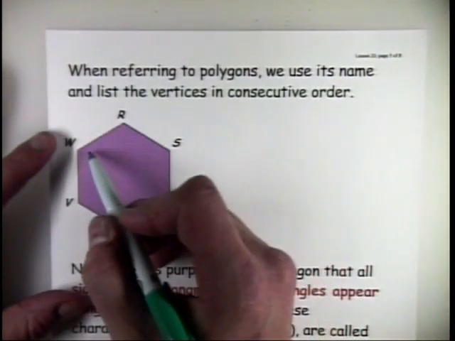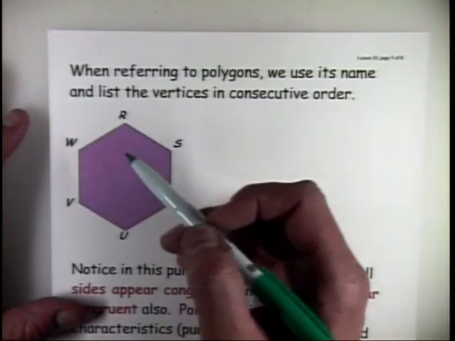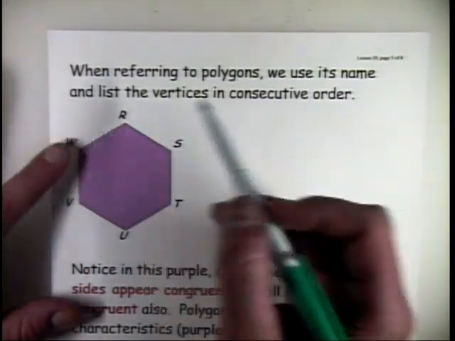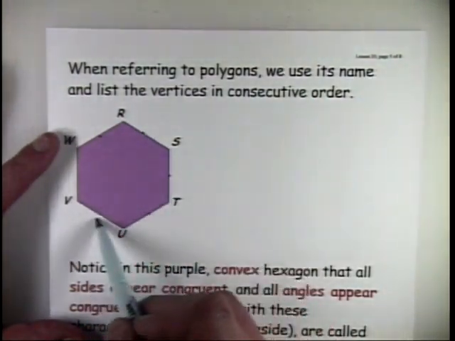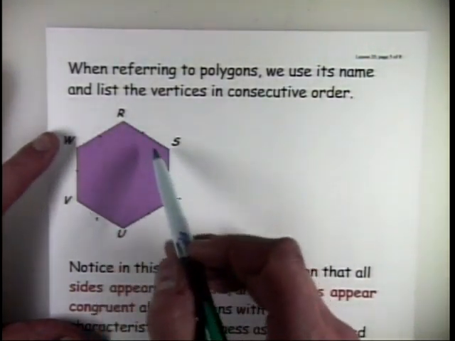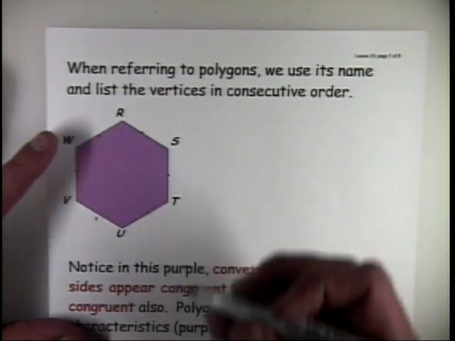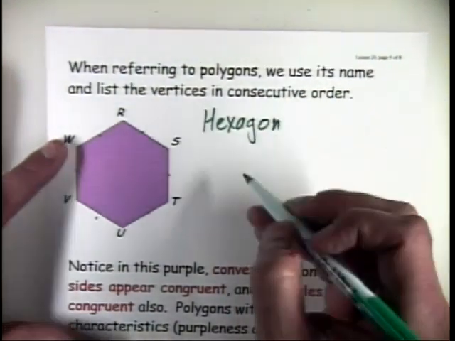So we can actually label the vertices with just a consecutive assortment of letters from the alphabet. And what we do is we use the name, so this would be a 1, 2, 3, 4, 5, 6-sided polygon called a hexagon. And as long as we list the letters in consecutive order, we're okay. So we can call this hexagon, and then we can start anywhere we want.